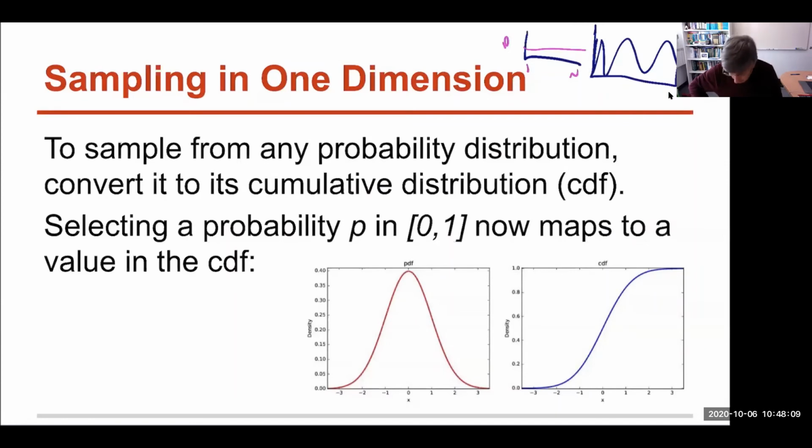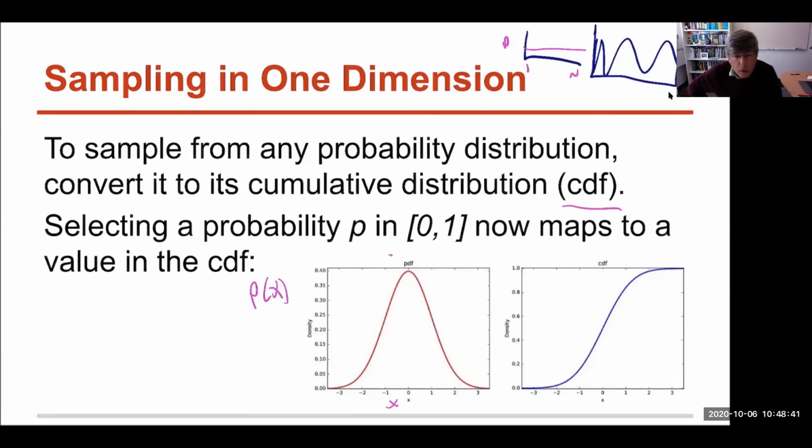Does everybody see here I've got X? This is the probability of having X. Suppose I told you that my probability density function was a normal function. How could I randomly sample normally distributed numbers? The easiest technique is to take your probability density function and convert it to a cumulative distribution function.